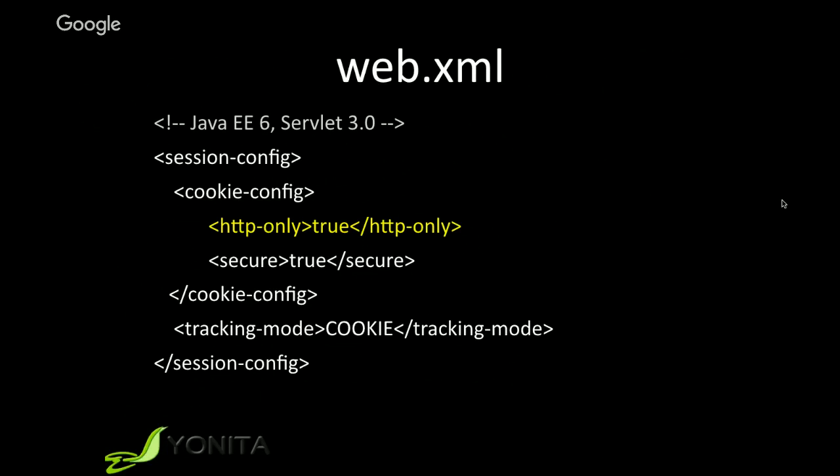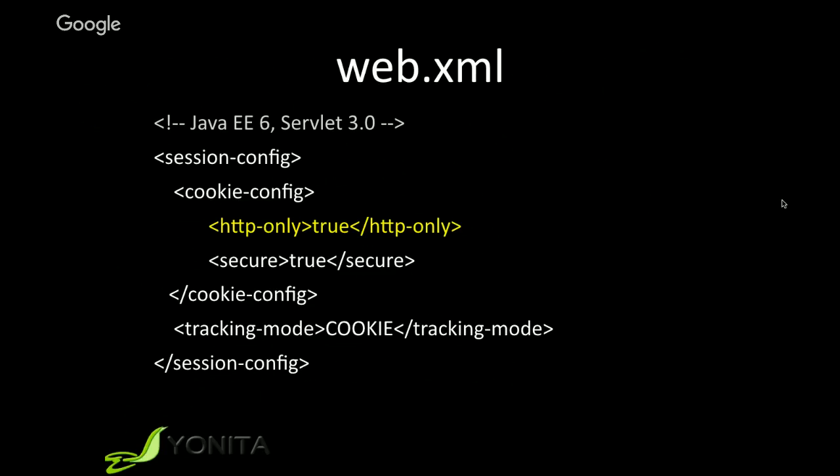Okay, so how can we avoid this kind of attack? First, I want to say that here we focus only on the session side. I will not discuss XSS and how to avoid it in depth. For the session side, it's enough to configure the HTTP only parameter to true.